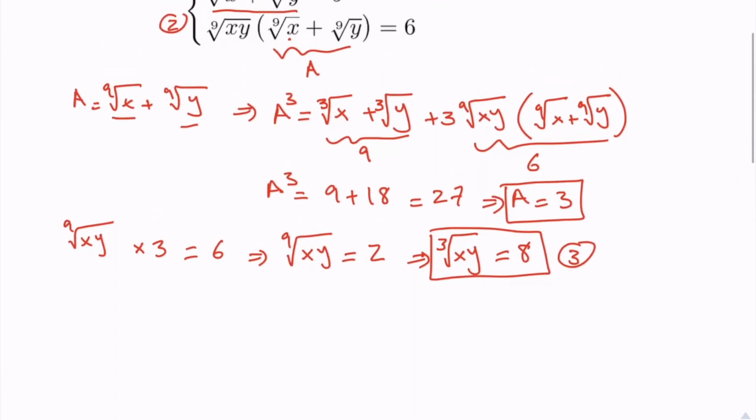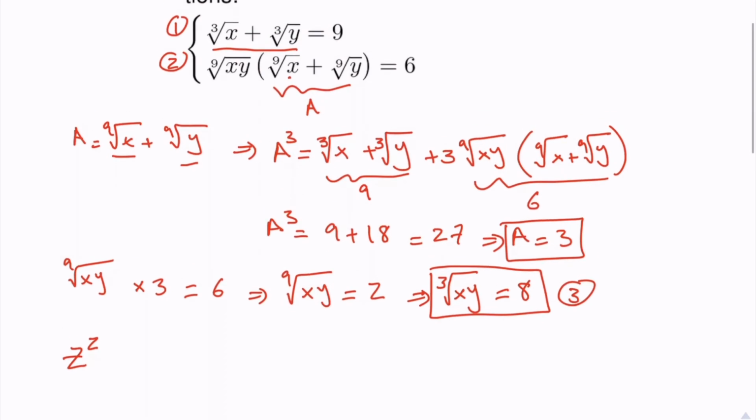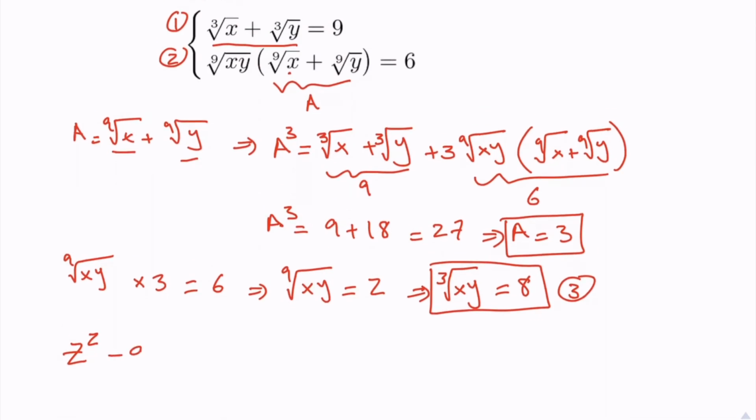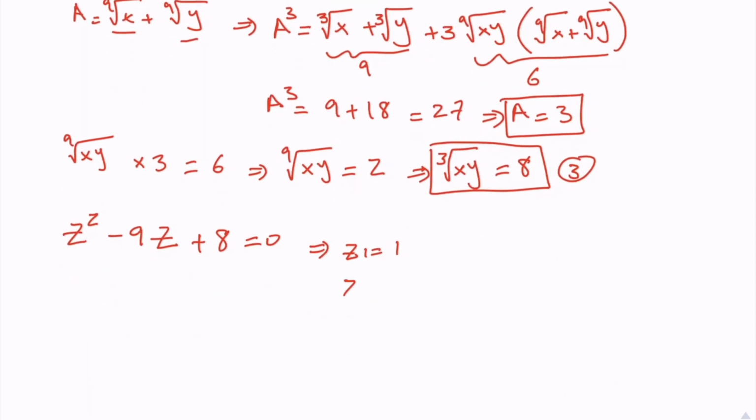So if we assume that the third root of x and the third root of y are the roots of a quadratic equation, we can write that equation to be z squared minus 9z plus 8 is 0. And therefore, since the sum of the coefficients of this equation is 0, z1 will be 1 and z2 will be 8.